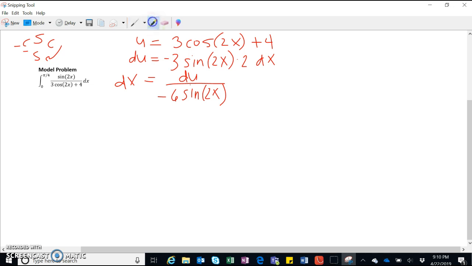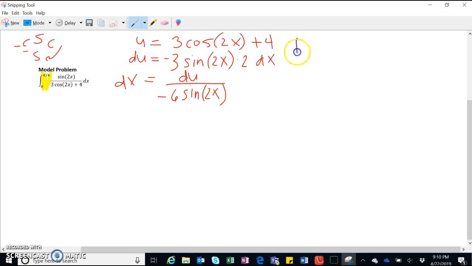Because this is a definite integral, what I also have to remember is that those bounds of 0 and pi over 4 are coming to me in x's. And the biggest thing about U substitution is that I'm trying to translate this entire integral out of the variable of x and into the variable of U. So what I want to do next is establish if these x values are my bounds as x's, what would those become as u's?